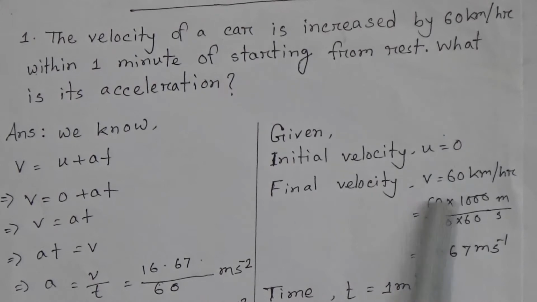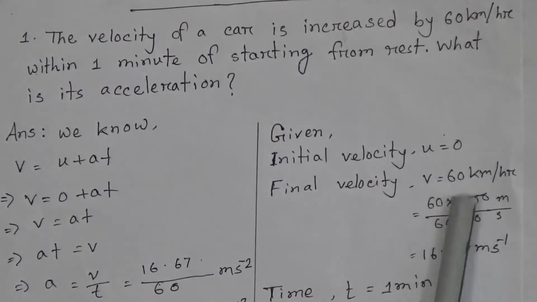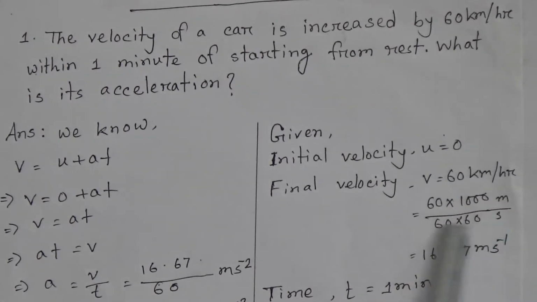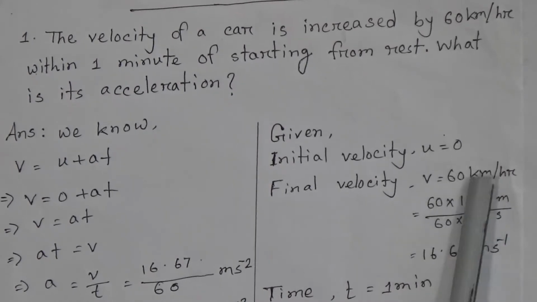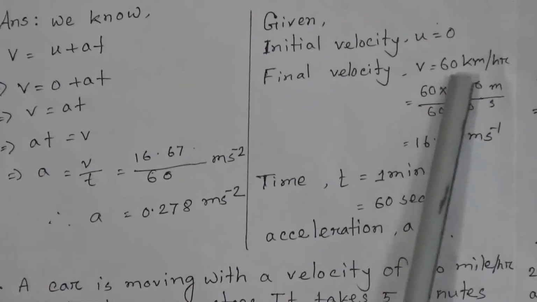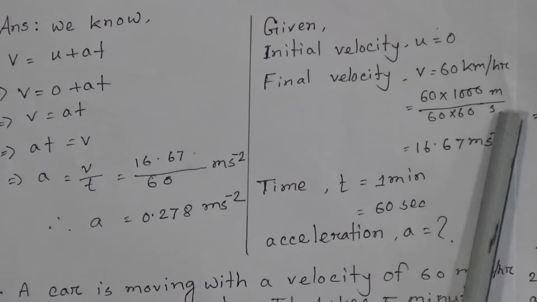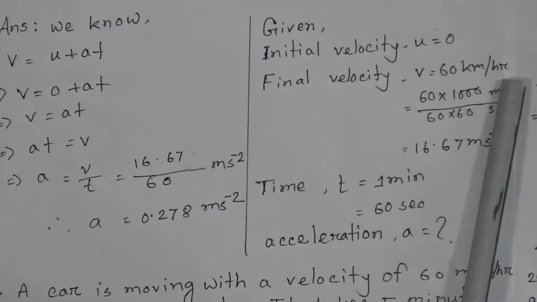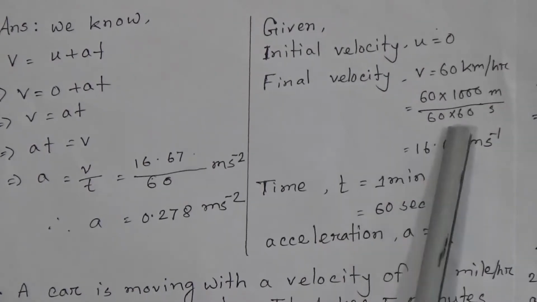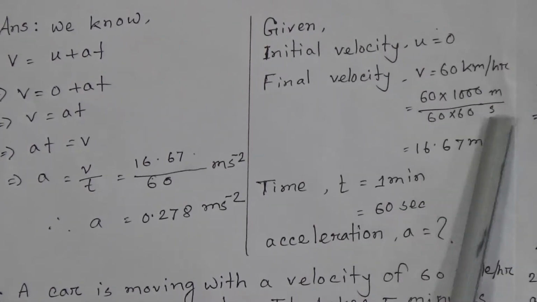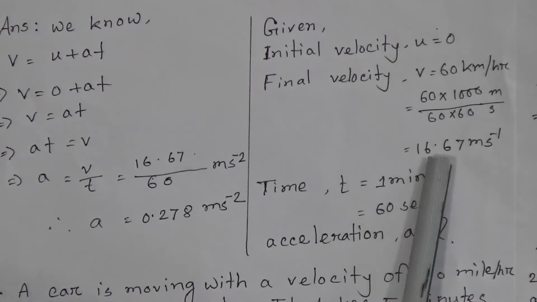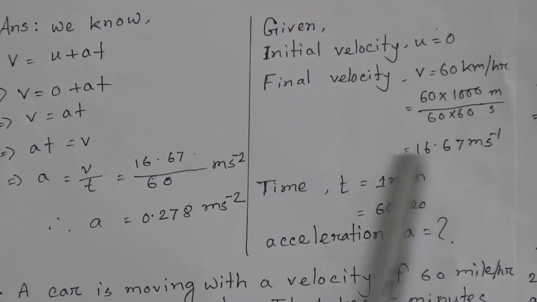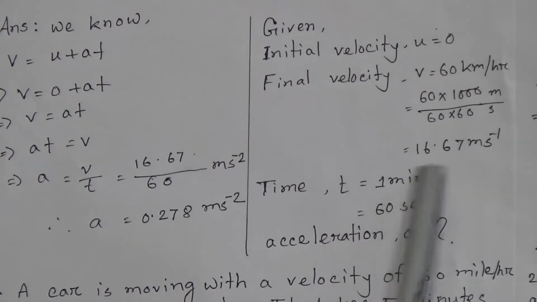So final velocity v equals 60 km per hour. We have to convert kilometer into meter: 60 into 1000 meter, and hour into second: 60 into 60 seconds. By calculating we find 16.67 meter per second.